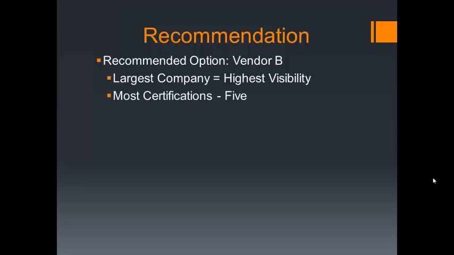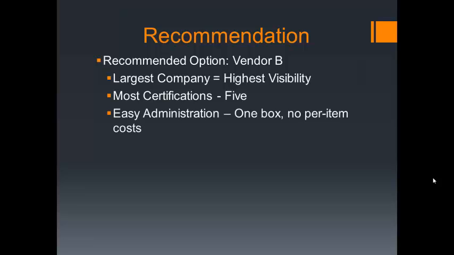And vendor B also has the most certifications out of the four vendors. They have five, and these do include a number of well-known certifications, including the Basel Action Network, eStewards, R2, RIOS, ISO 9001-2008, and ISO 14001-2004.